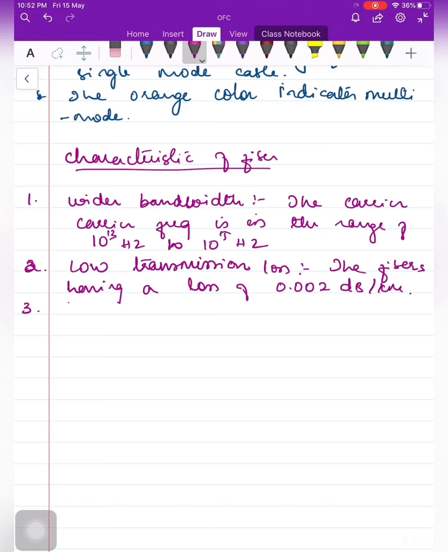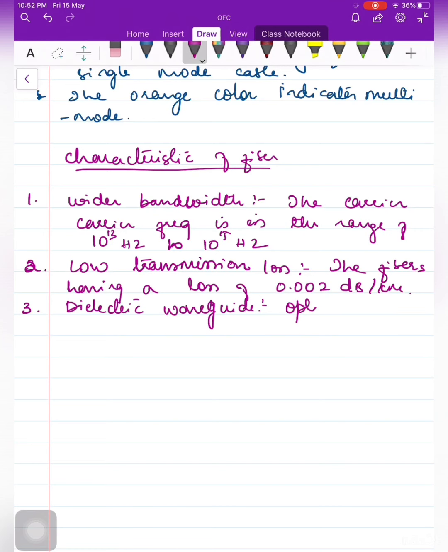Next, dielectric waveguide. The optical fibers are dielectric waveguides. Why?